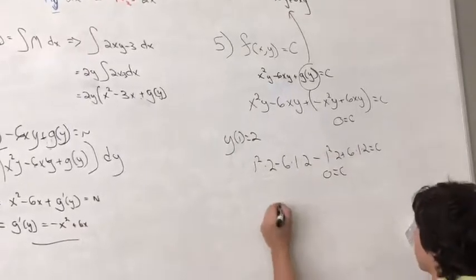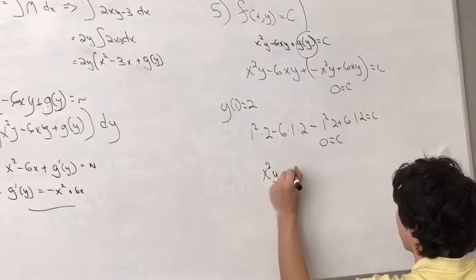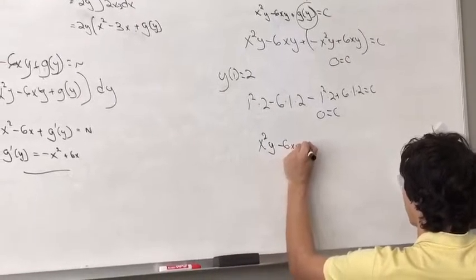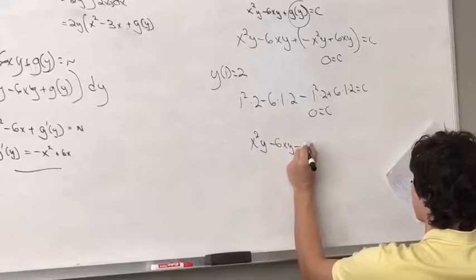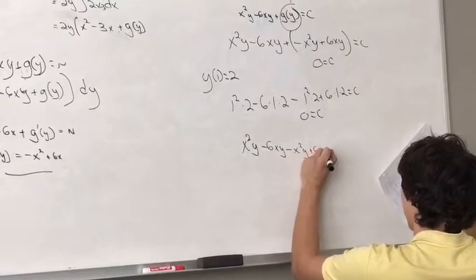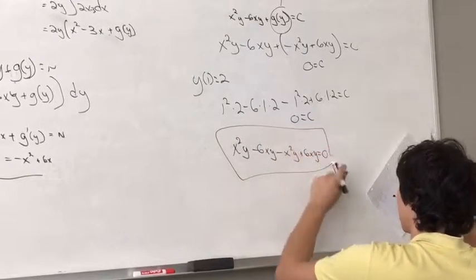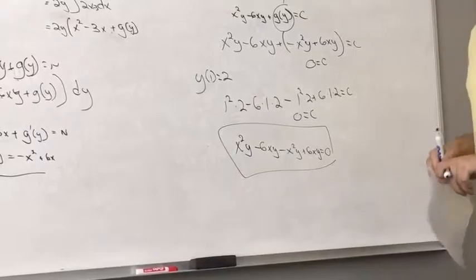So our final answer is that x squared y minus 6xy minus x squared y plus 6xy equals 0. That's how you find an exact differential equation.